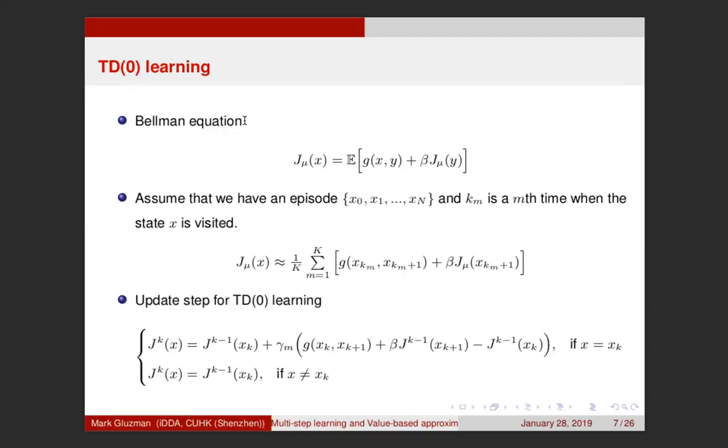But you can do variable n. This n can vary from state to state and from iteration to iteration. You can do TD0 and then do TD1, TDK, TD5, coming back and forth. This will all work, right? Yes.